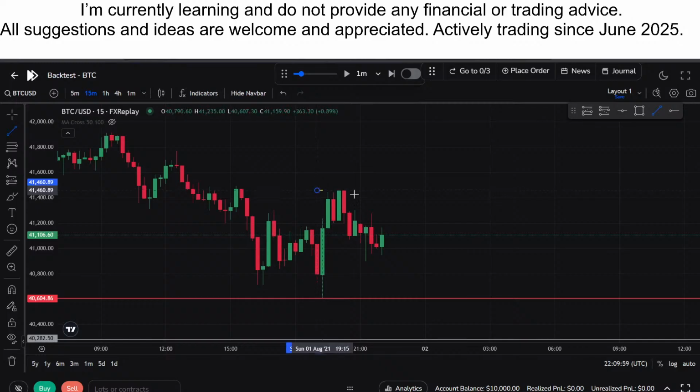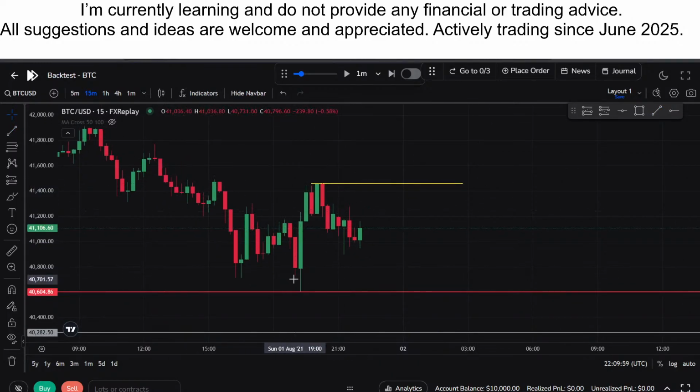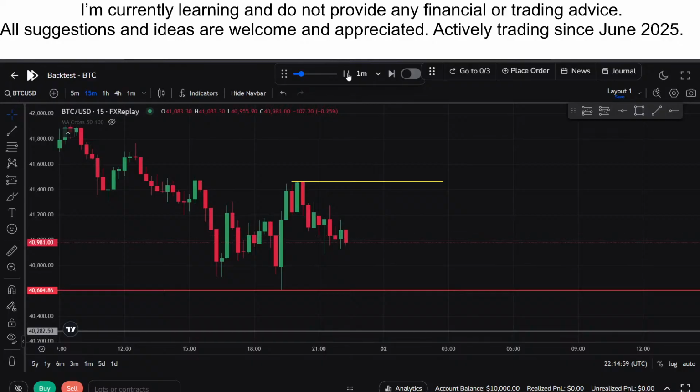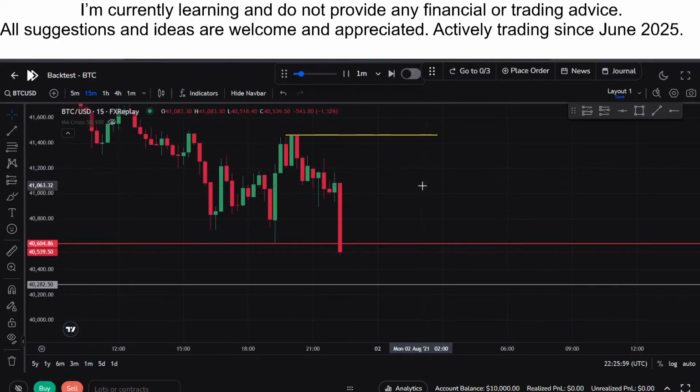I'll make this one the new high. High, low, or maybe this one is low, high, low, and then again another high. And let's see, it's trying to move. It is still in downtrend, still going down.